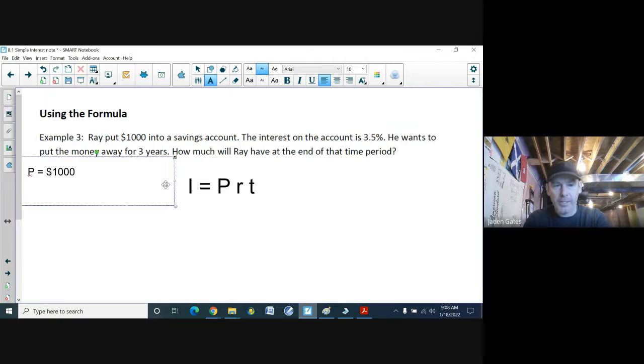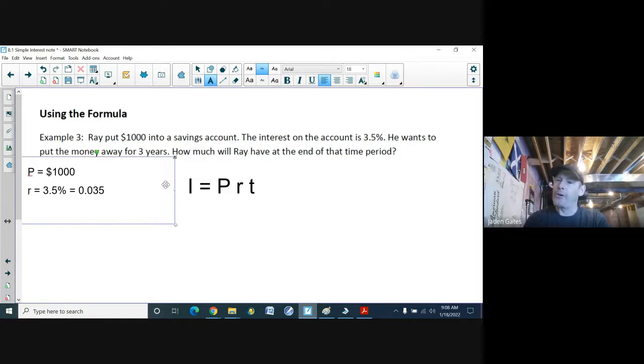All right, so that is my interest rate. Now, something that came up in our last two units, in fact, is that percent you cannot use in calculations. So I got to convert it to a decimal. And again, to do that, I'm dividing by 100%. And I end up with 0.035.